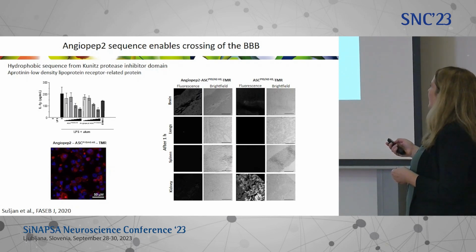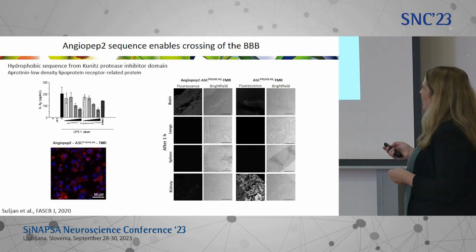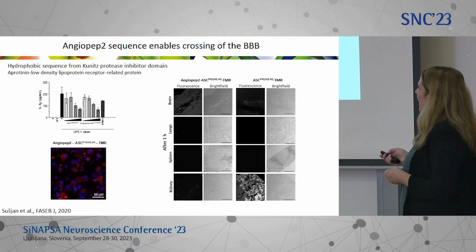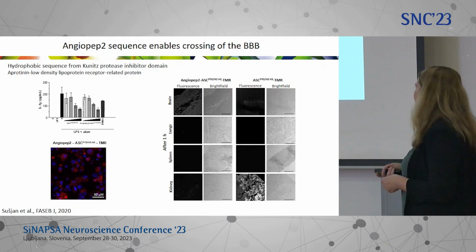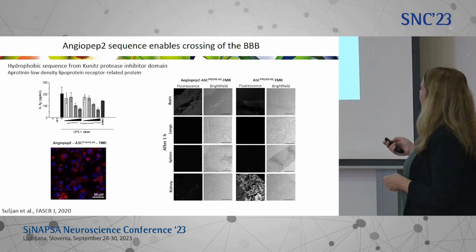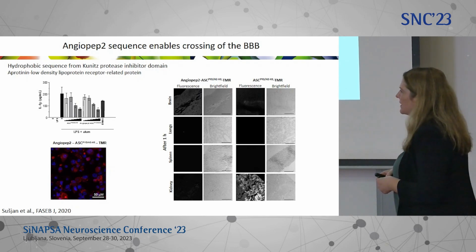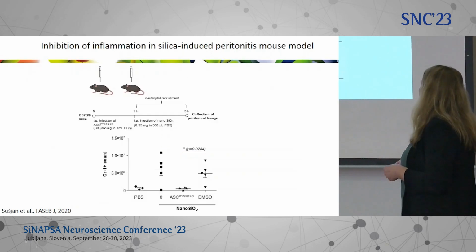For the angio-PEP tagged peptide, there was a significant retention of the fluorescence signal in the brain, but not in the other organs that we looked at, and for the non-tagged version, basically everything cleared pretty fast through the kidneys. After 3 hours, there was still some retention for angio-PEP in the brain, but for the non-tagged version, there was basically no signal left in mice.